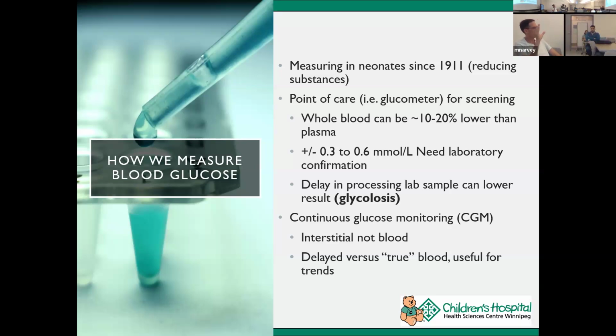The reason this is important, and the reason why we were forced to use 2.8, is because if you take 20% of 2.8, that's another 0.55. So what we don't want to have happen is that you do a great job overnight, you see the sugar is 3.1, and you say, oh, I better do a critical sample.